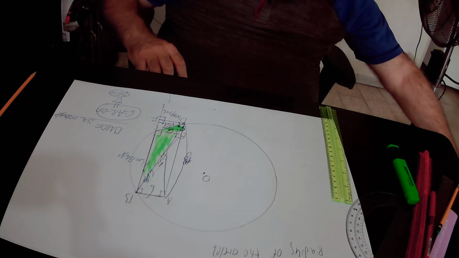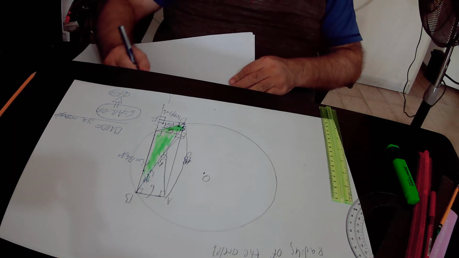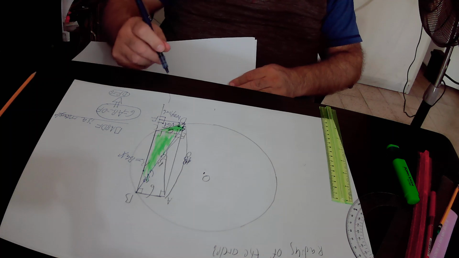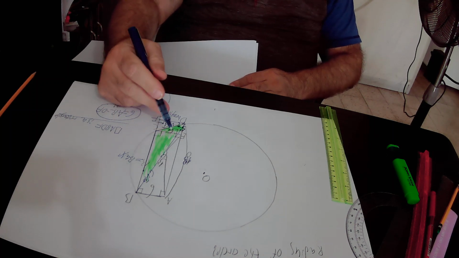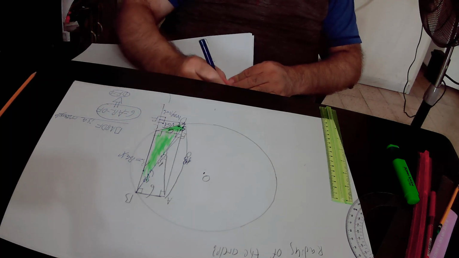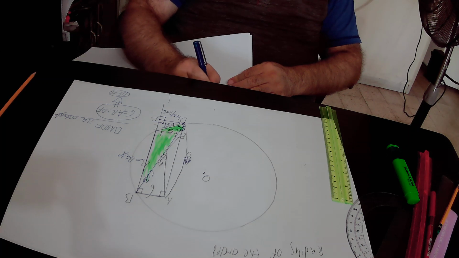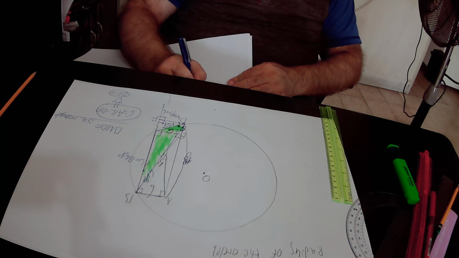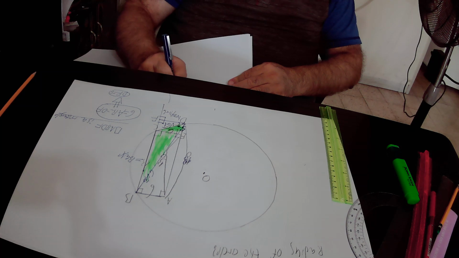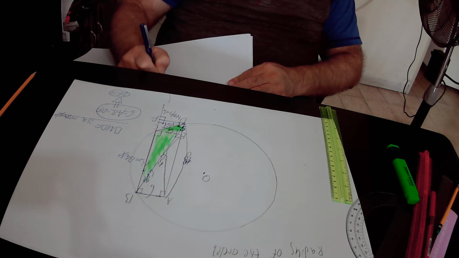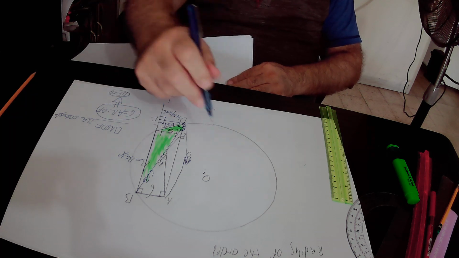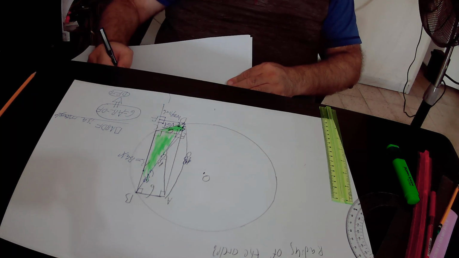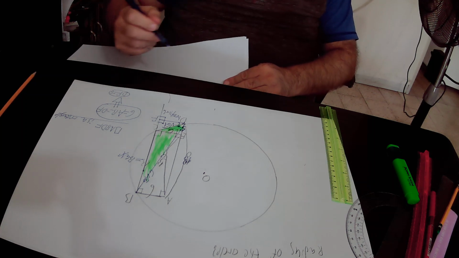Because in our drawing the green triangle BDC is blocked by the circle. That is to say, we can implement here rule number 1.